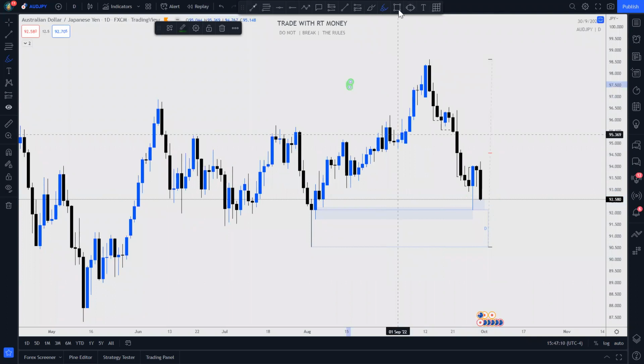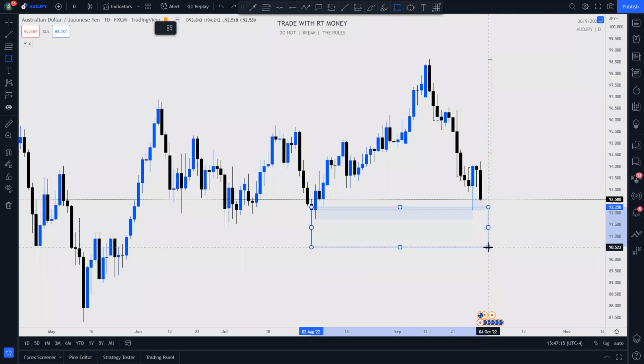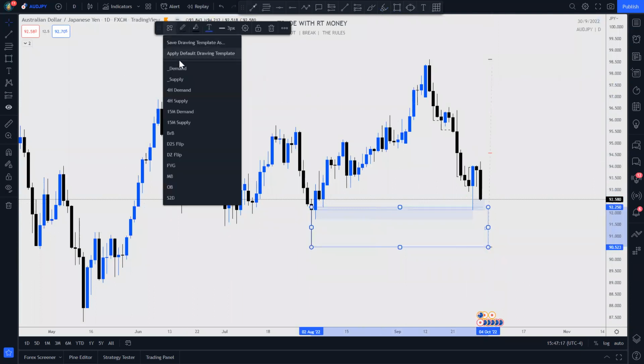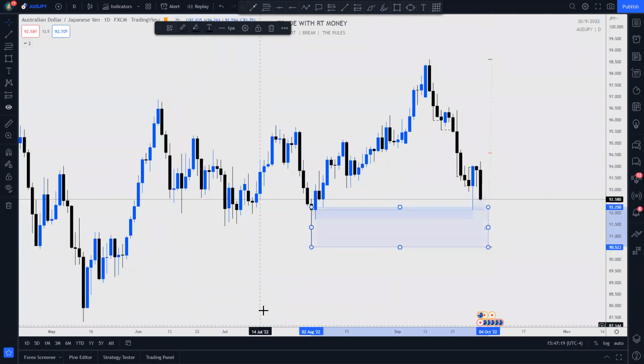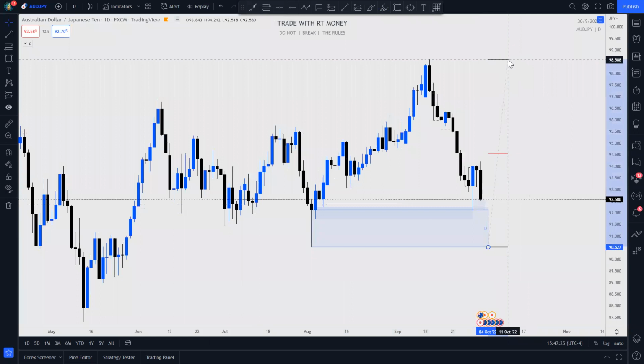here we have a demand zone, a daily demand zone, a deep one, right at this area, which I call below the 50% of the trading range from here to here. That's the trading range.